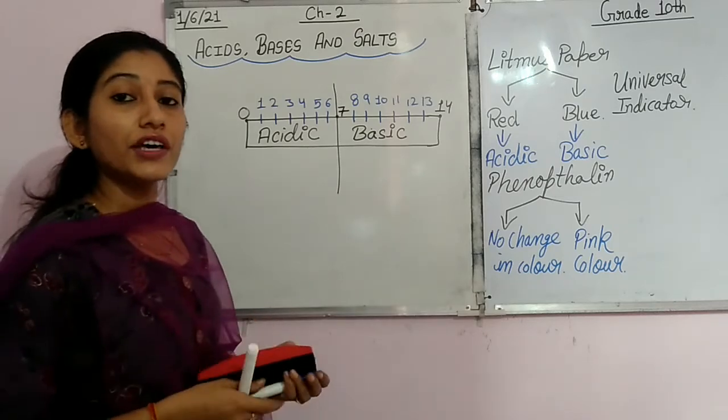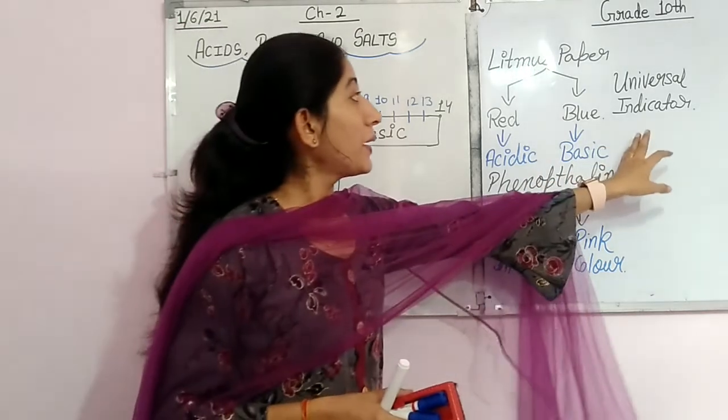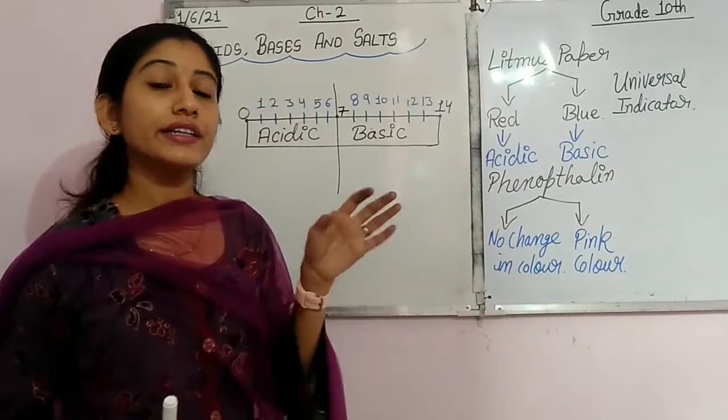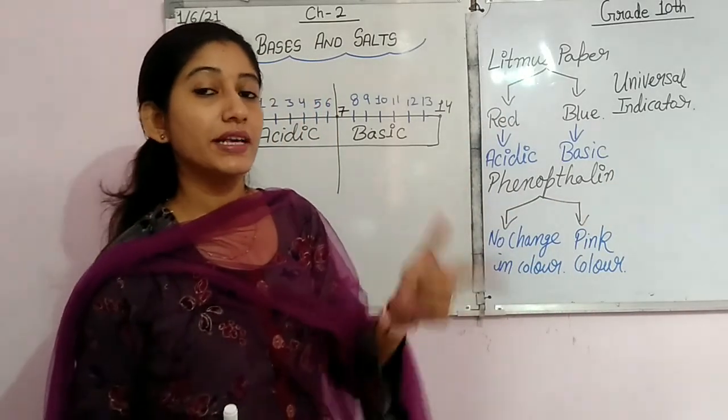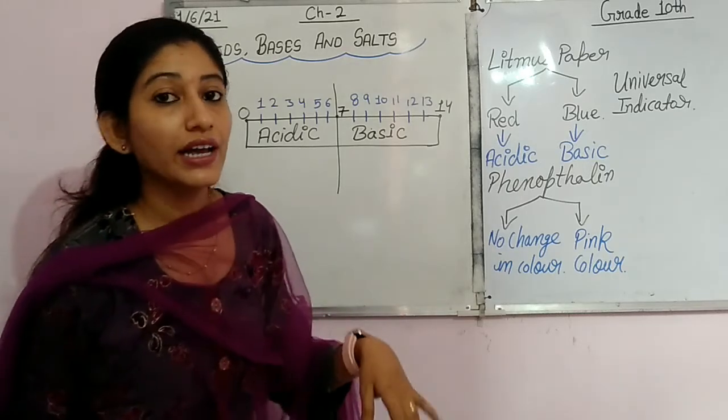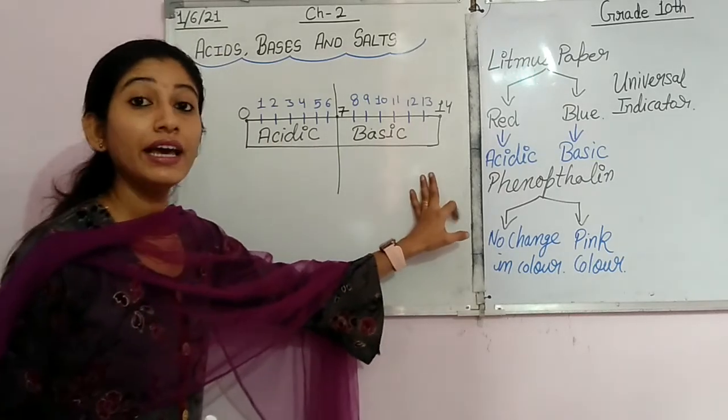So when we use this pH paper or universal indicator for checking whether the compound is acidic, basic or neutral, that scale has different colors with such rankings.